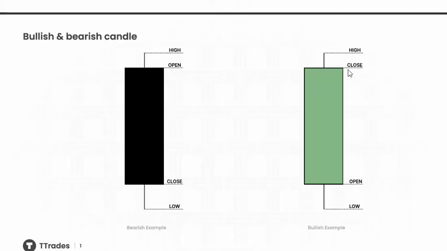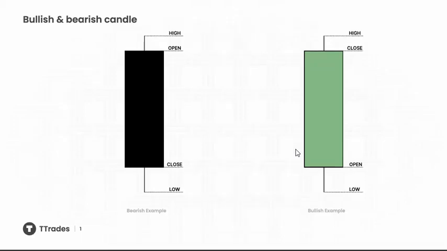So this is an example of a bullish and a bearish candle. So basically, in a bullish candle, the candle opens low, right? It moves and makes its low, and then it moves higher, and then it closes.